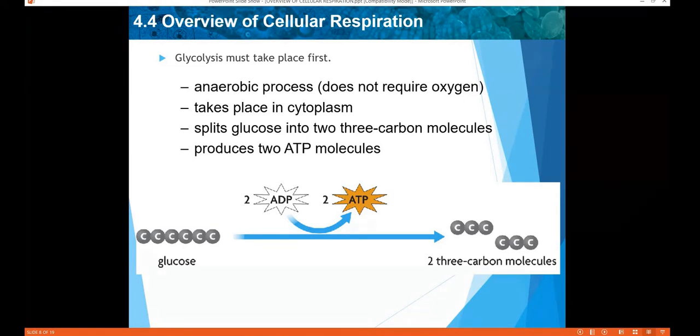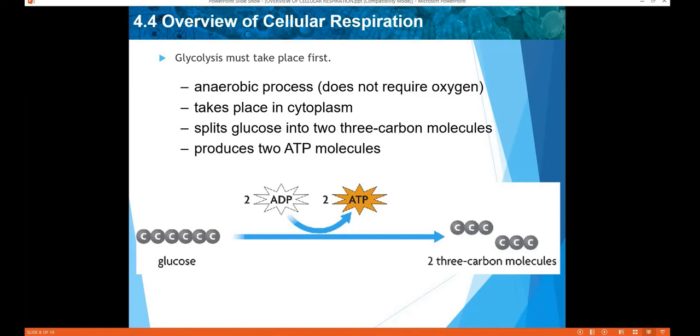So glycolysis takes place in the cell cytoplasm and it does not need oxygen. For this process to take place, oxygen is not required. Glycolysis is an anaerobic process because it does not need oxygen to take place. However, glycolysis is necessary for cellular respiration.